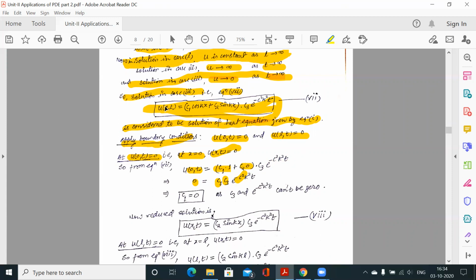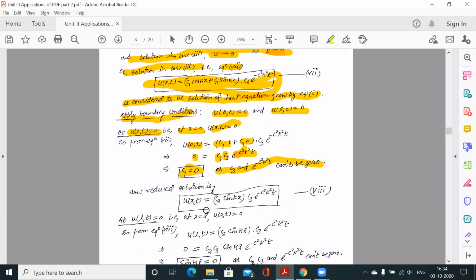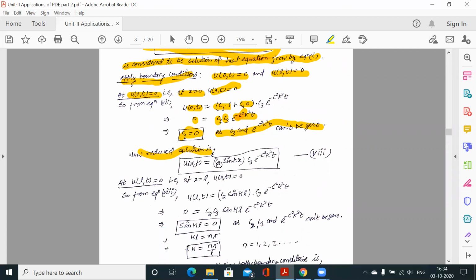Similarly, if this term is 0, again the total solution is 0. So the only possibility left is c1 equal to 0, as c3 and this term cannot be 0 for a non-trivial solution. So if c1 is 0, what is the reduced solution? It is c2 sin kx into c3 e to the power minus c square k square t. So this is the reduced solution.